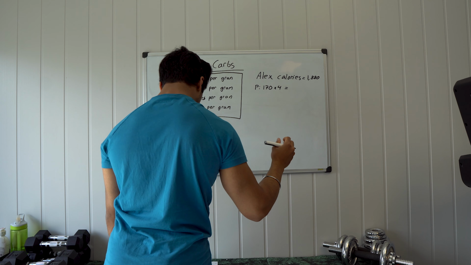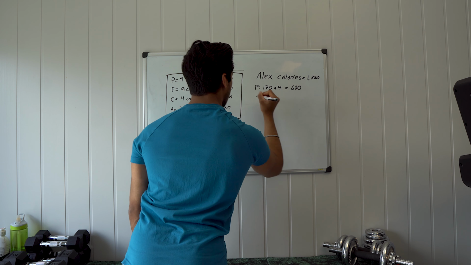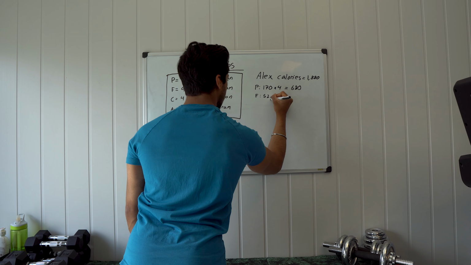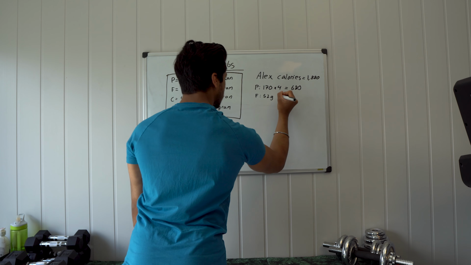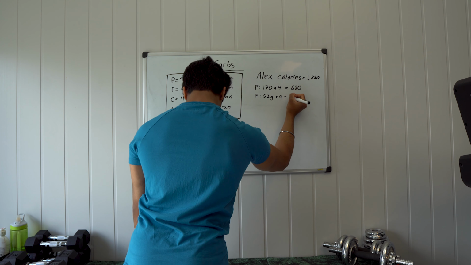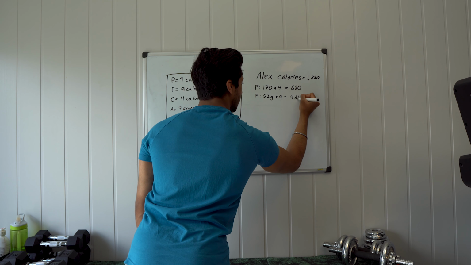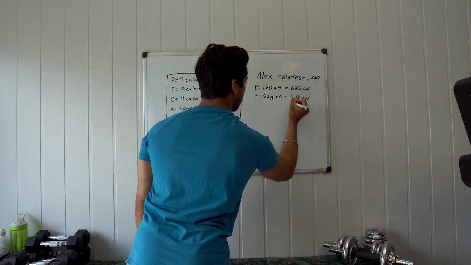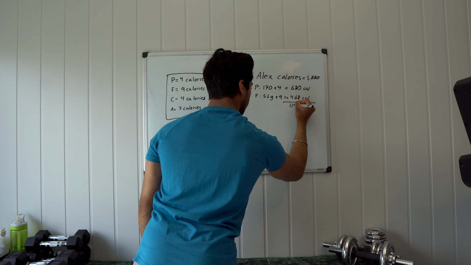So we got 680. And his fat was 52 grams. 1 gram of fat is 9 calories, so we times that by 9. We got 468. So this is calories, and we're going to add these together. So we got 1,148 calories.